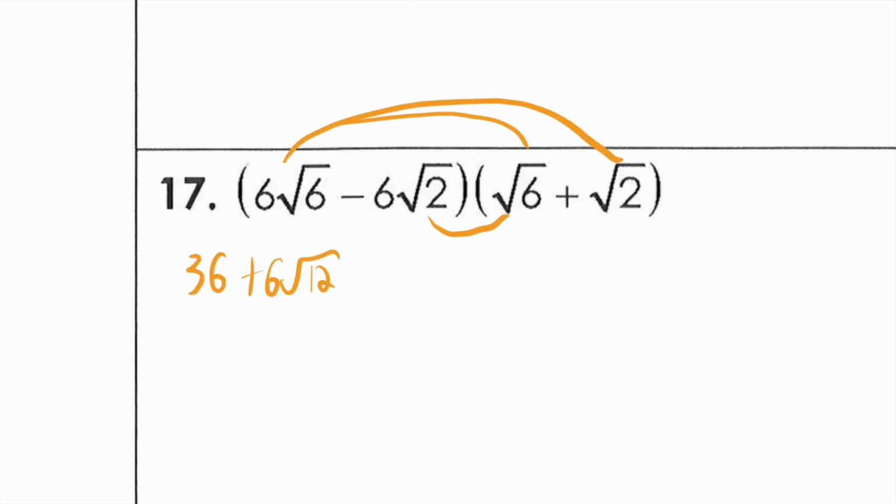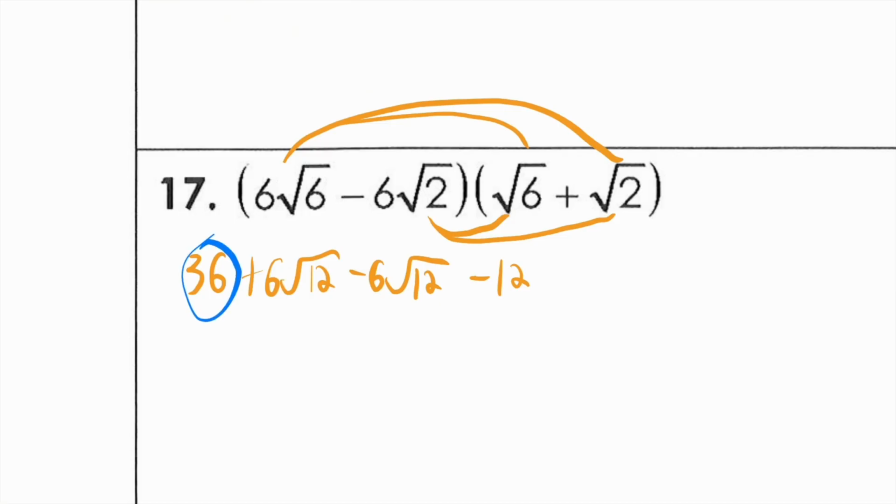Negative 6 square root of 2 times square root of 6 is negative 6 square root of 12. And negative 6 square root of 2 times square root of 2, the square root of 2 times square root of 2 would give us normal 2. So that's 2 times 6, which is 12. And it was a negative times a positive.